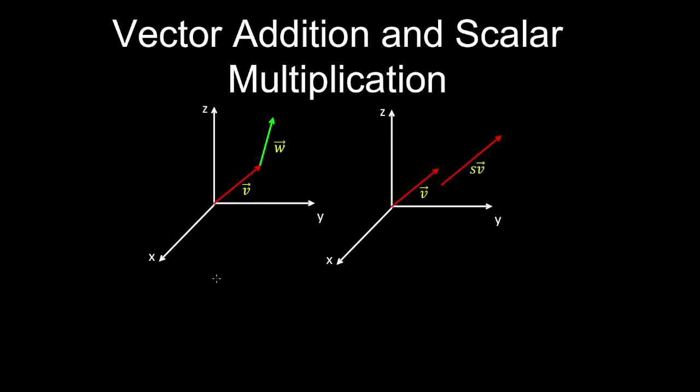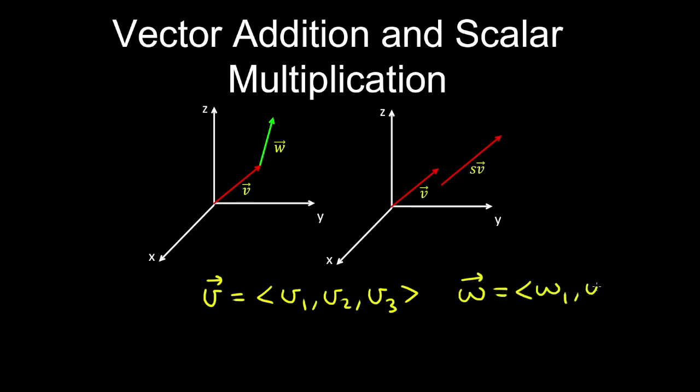So algebraically, if we have a vector v in 3 space with the following components, and another vector w with components w1 to w3, then the sum of these vectors, v plus w, results in a vector with an ordered triple of the sum of their components.